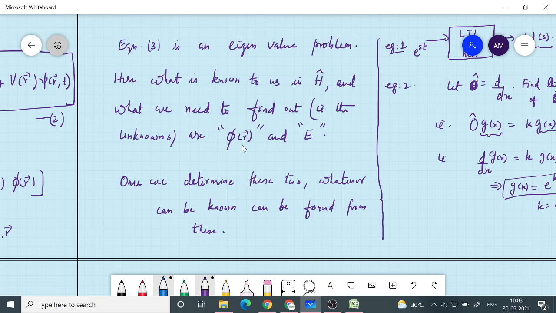So our aim is now to evaluate phi of r and E.